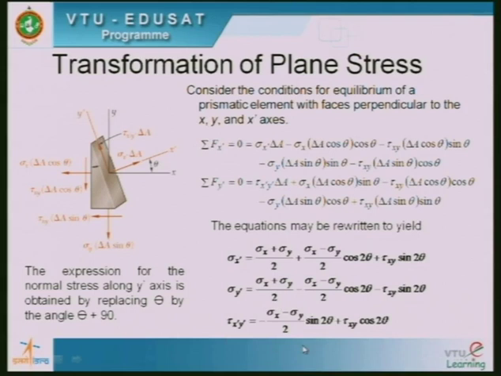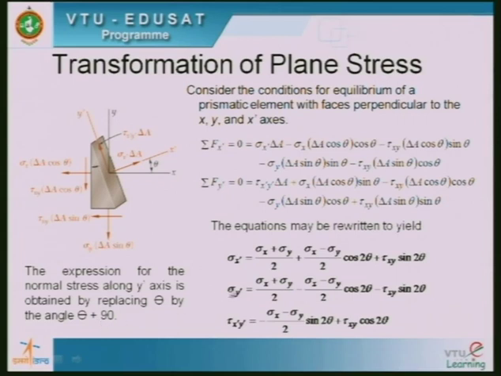Now the plane which is normal to the plane that we have considered, we get sigma x dash in this. Now if we consider a plane along x itself, the normal stress that is going to be acting would be along y. So to obtain that, in this equation, we have to substitute theta plus 90 in place of theta, because this axis would be inclined at theta plus 90 degrees.